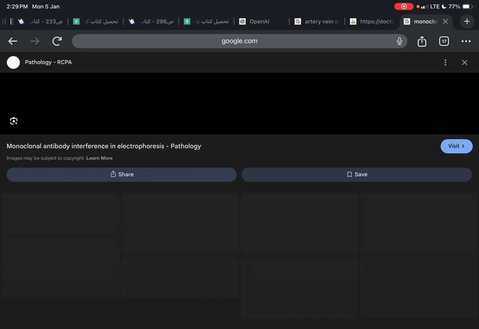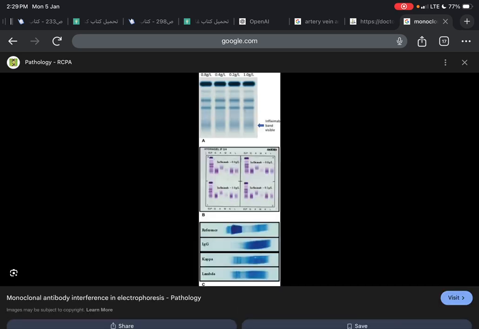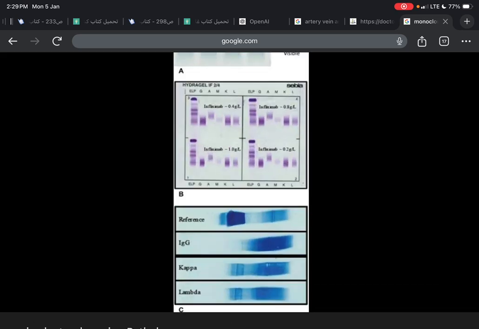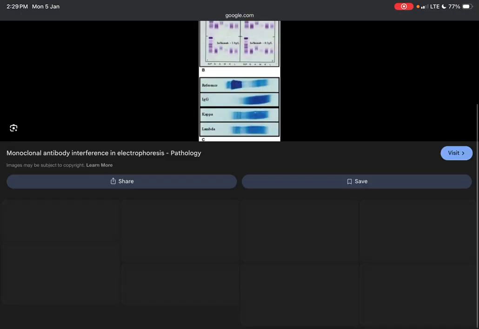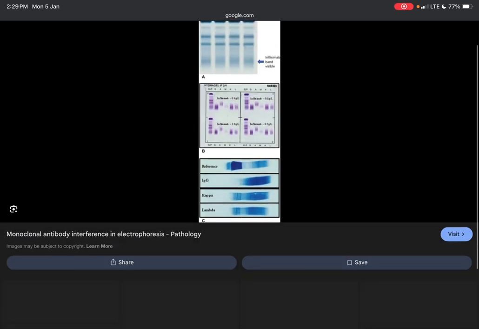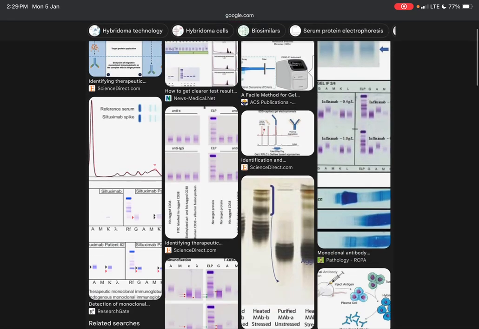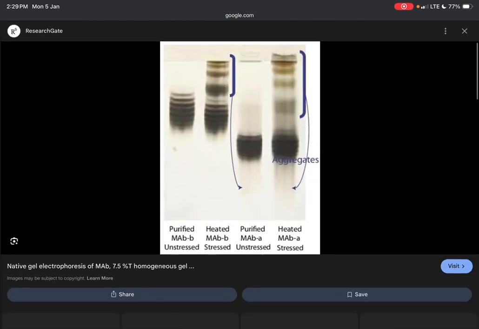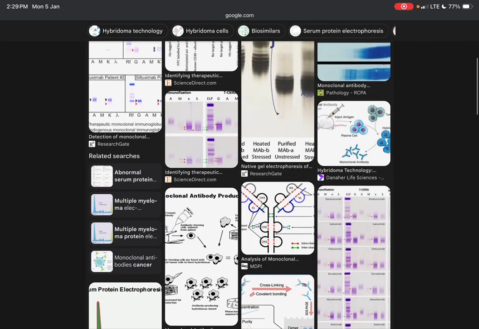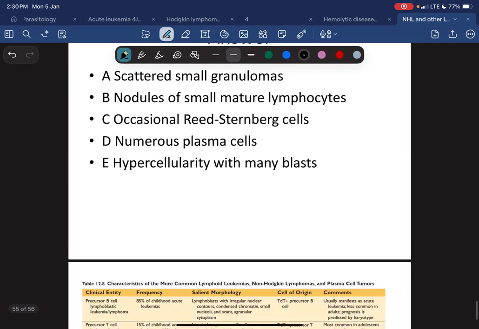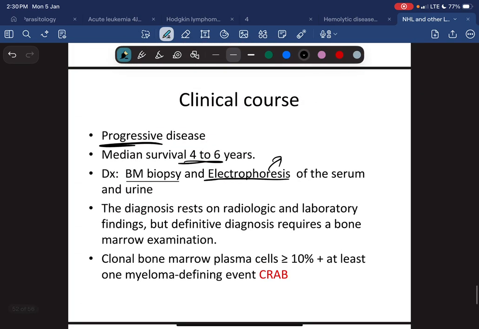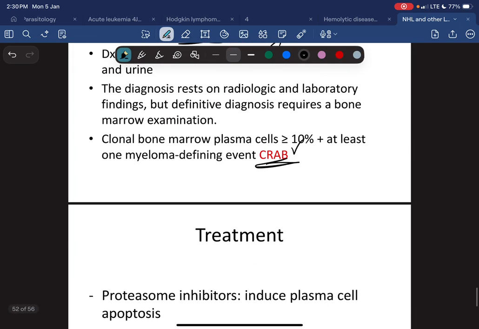What are these clinical features? One of them should be present plus 10% plasma cell infiltration in the bone marrow, summarized by the word CRAB: hypercalcemia, renal failure, anemia, or bony lytic lesions. Okay? Of course, this criteria applies for plasma infiltrate from 10 to 13%.